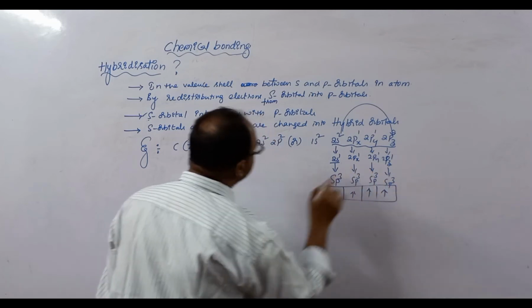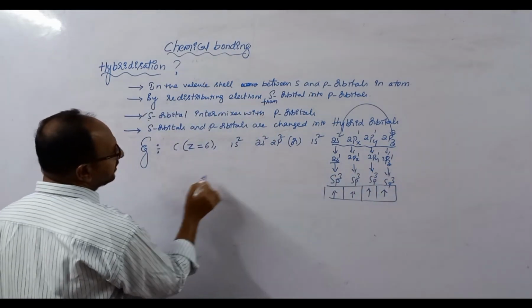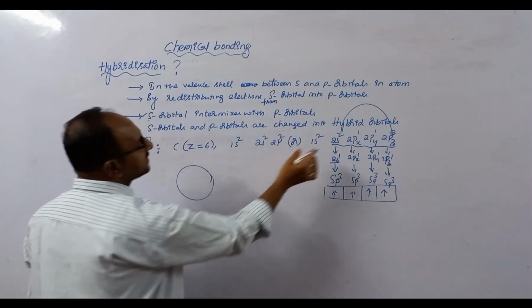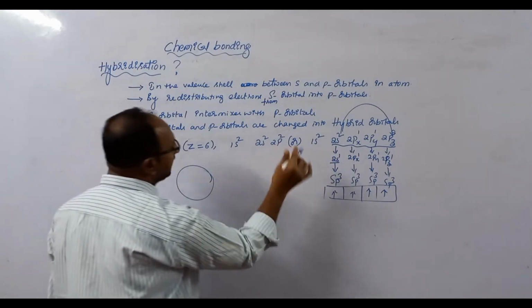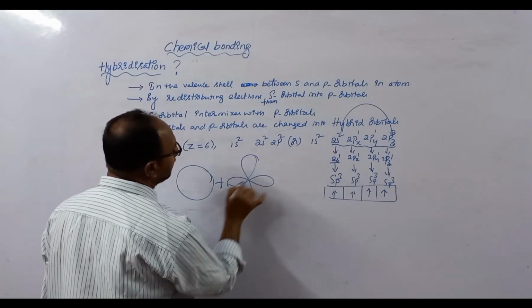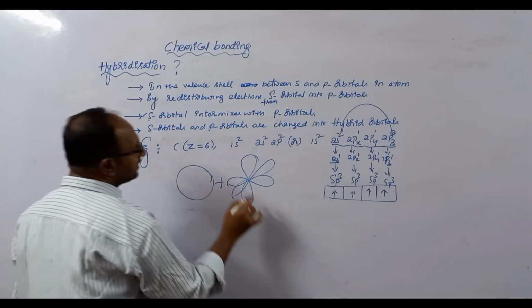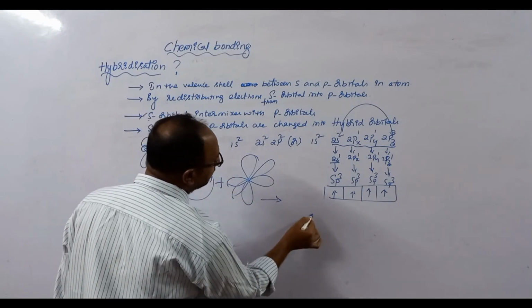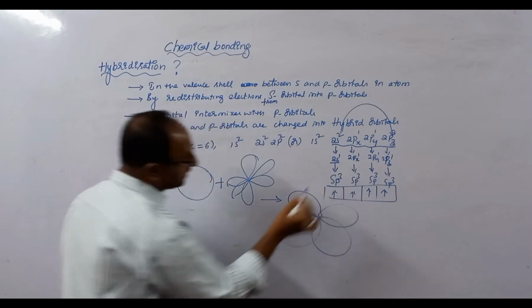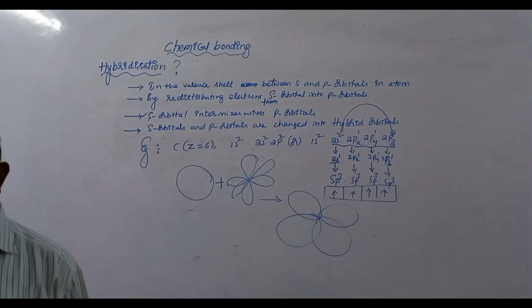But what is the shape of this? You know the s orbital shape is spherical. Px, py, pz are dumbbell shaped. These are intermixing, and now they are forming a new kind of hybrid orbital.